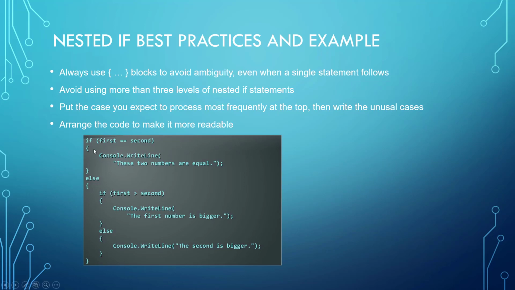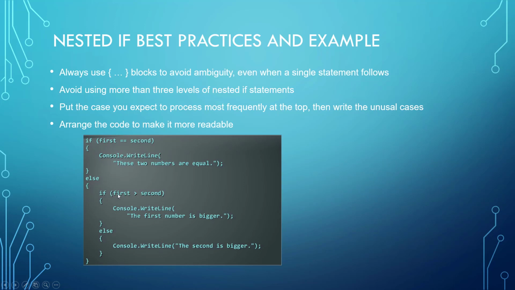So in this code example here, we see if first is equal to second. So if first and second are equal to one another, then it's going to jump in here and execute this statement, and it's simply going to print to the screen these two numbers are equal. So that's great. Now this assumes we have a variable called first and a variable named second. Now if first was not equal to second and this expression evaluated to false, it would jump down into the else.